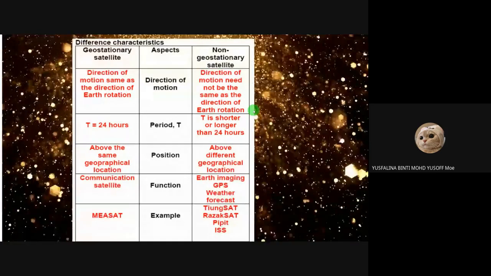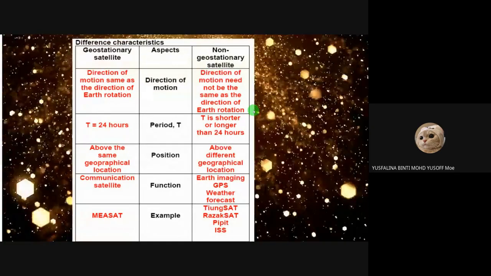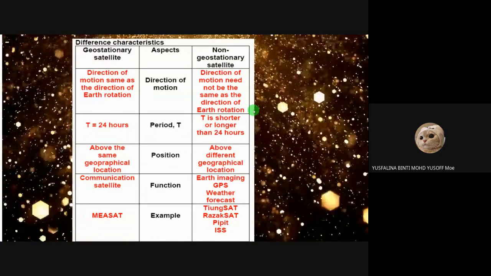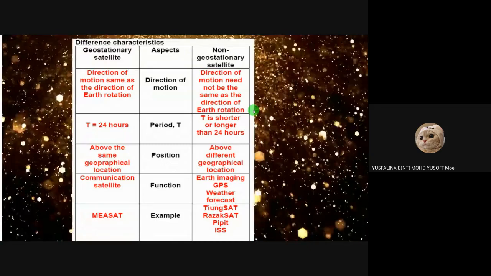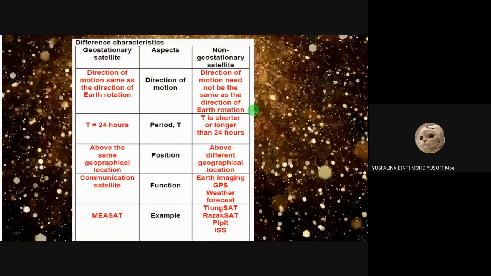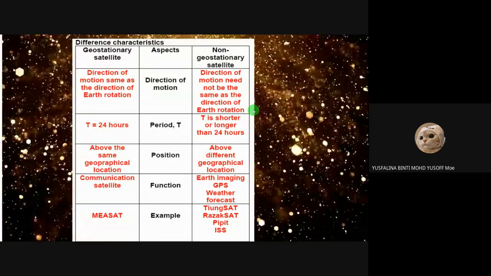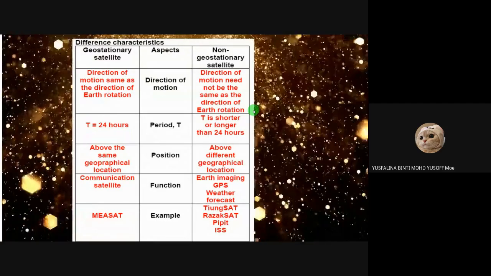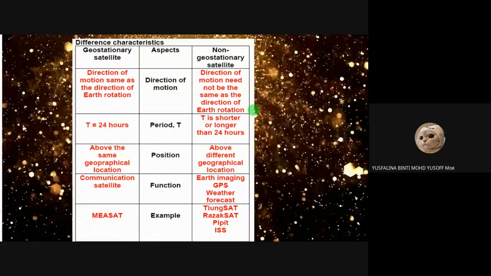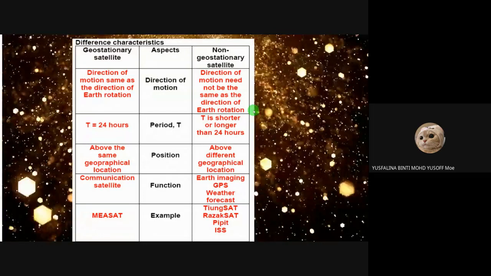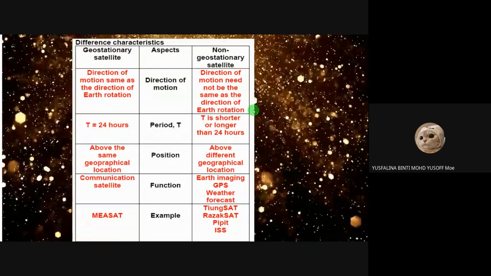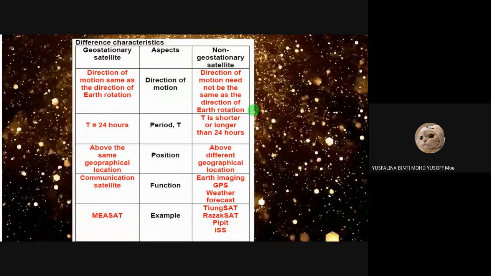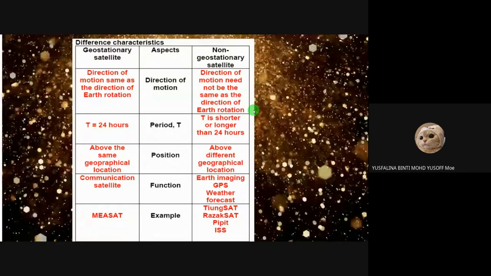For the position, let's say we launch from Malaysia, it must always be on top of Malaysia, so it is above the same geographical location. But the non-geostationary will be above different geographical locations. Like I said, maybe it will go to the Philippines, maybe Malaysia, then change back to Japan. It doesn't need to be at the same place all the time.